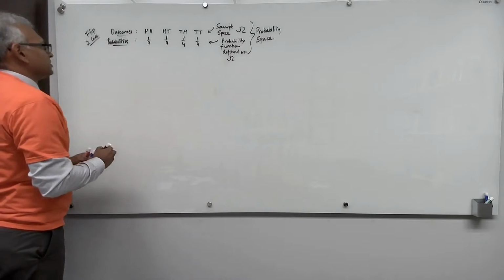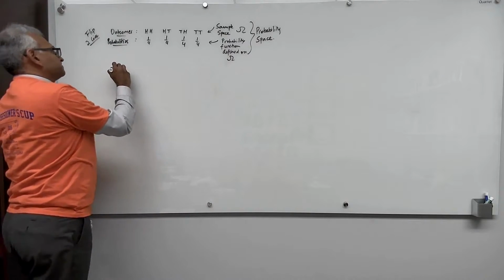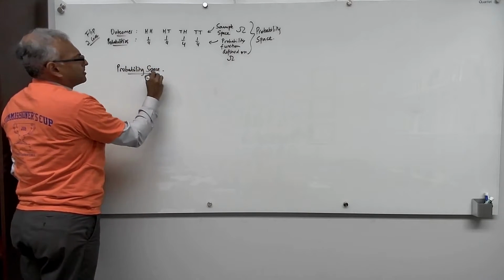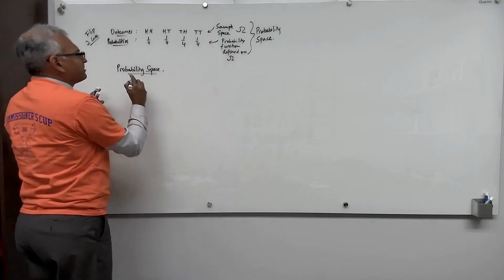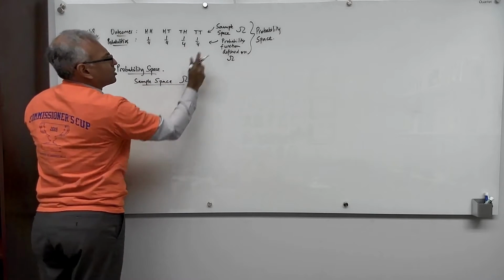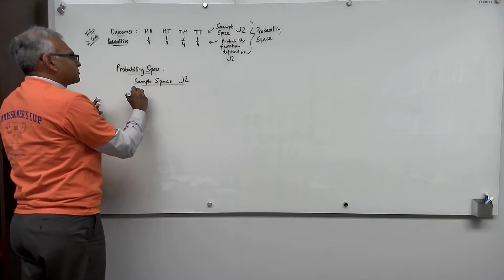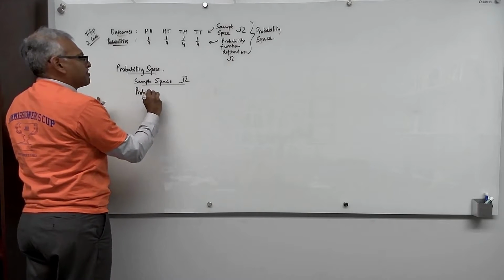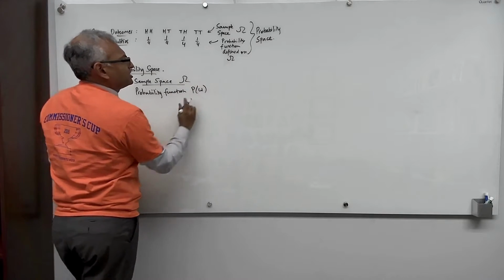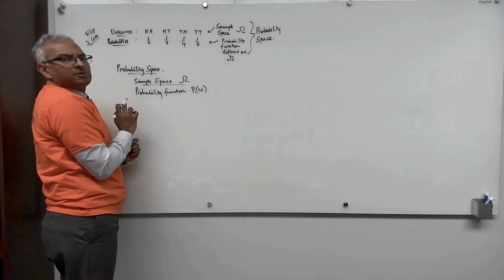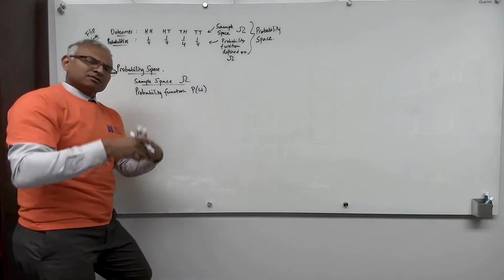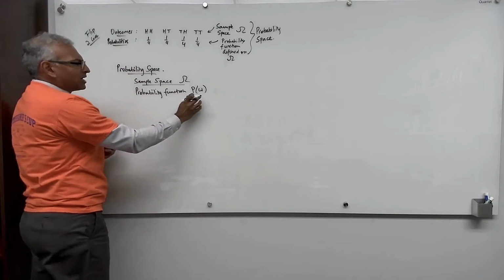So the probability space consists of 2 things: the sample space omega, the set of possible outcomes, and the probability function P of omega, which for every outcome in my sample space omega assigns a probability, just like here, 1/4, 1/4, 1/4, 1/4.